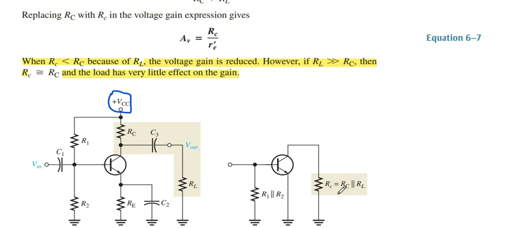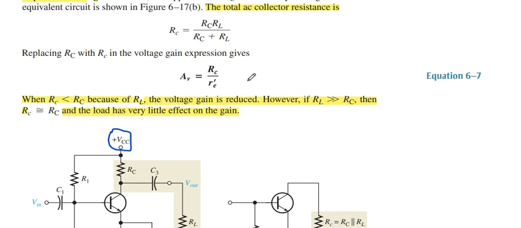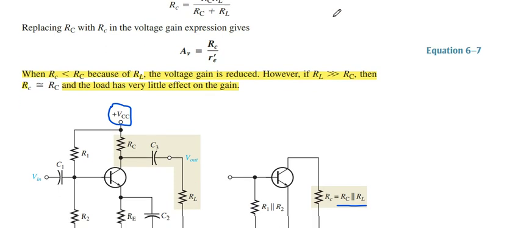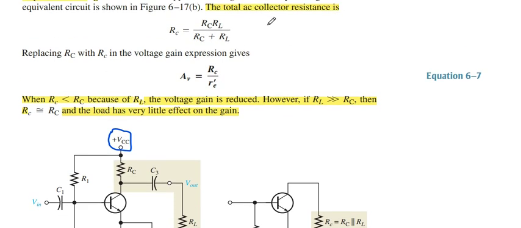Then we calculate small r_c, because we use it as the AC collector resistance, used for AC current or signal. Then we get this result. Capital R is replaced by small r, and this will be our voltage gain.